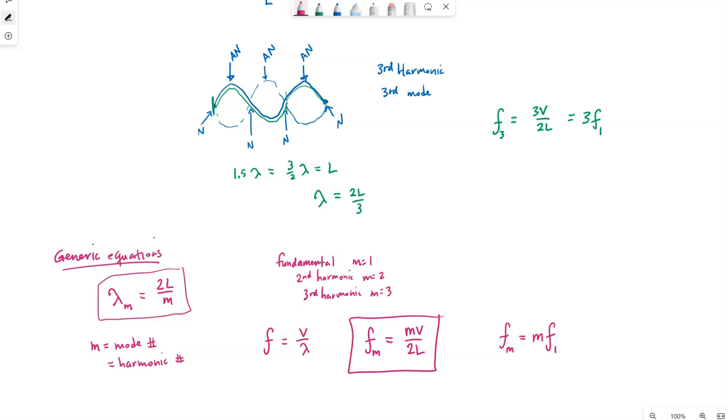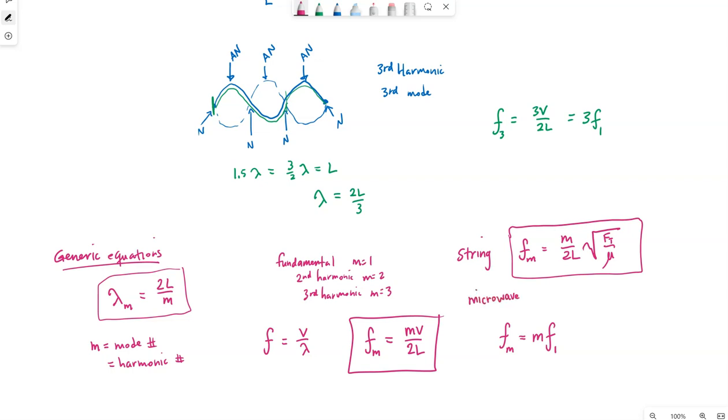This equation, as I wrote above, if we're talking a string specifically, we could put in our equation for the speed using force of tension over linear mass density and write it as m over 2L times the square root of the force of tension over mu. This equation works for our microwave ovens, for example, too.